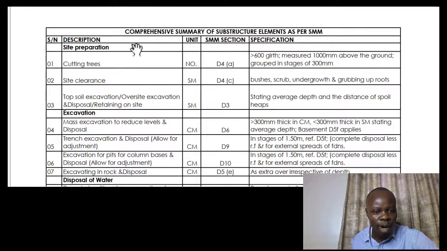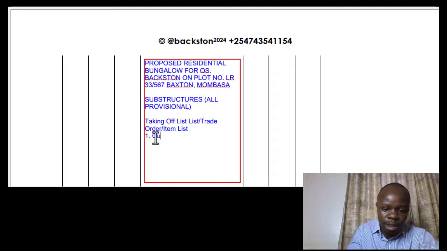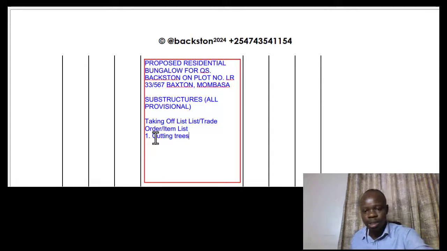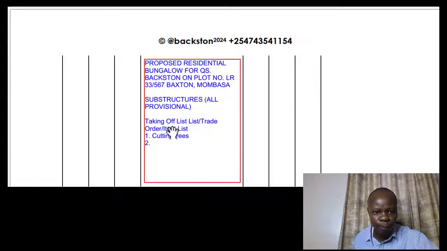So at item 1, we are going to just talk about cutting trees. Item 2, we just follow what is here. We talk about site clearance.